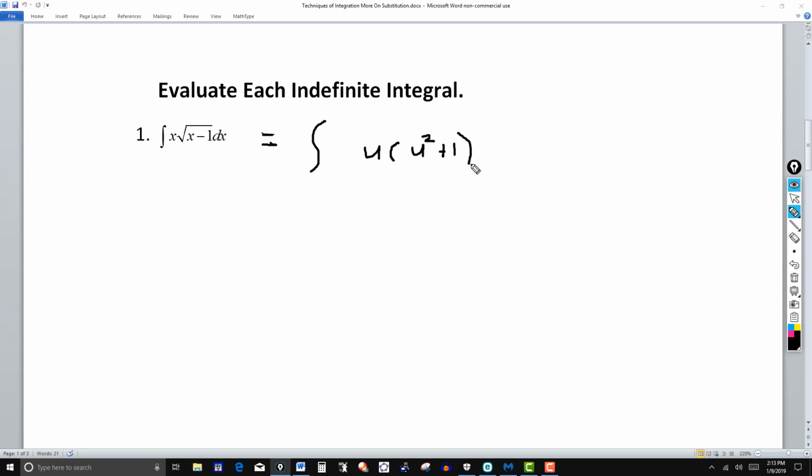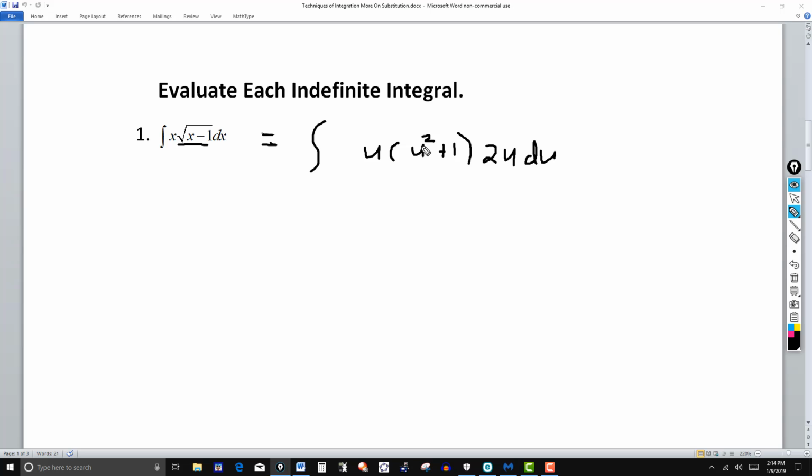And then the dx is replaced by 2u du. Okay, so again, this is u, so I made a substitution there, right here. And then the x is replaced by u squared plus 1.